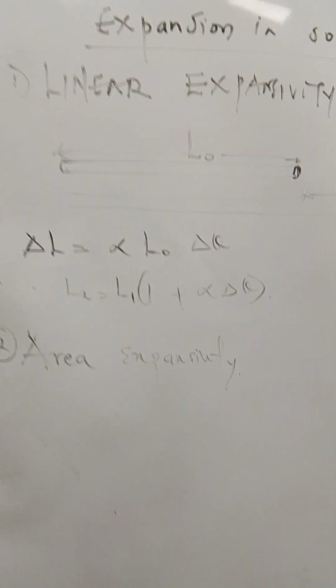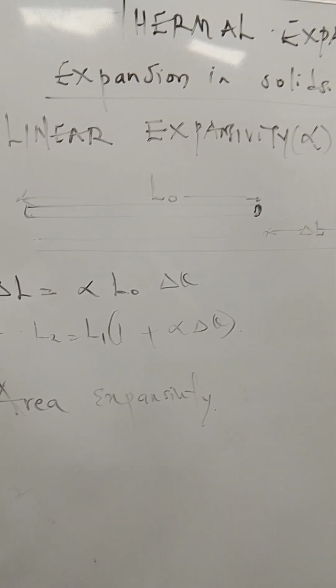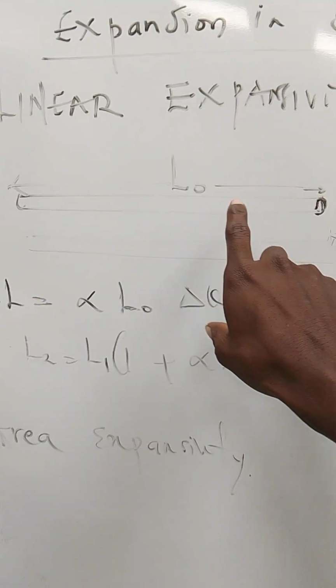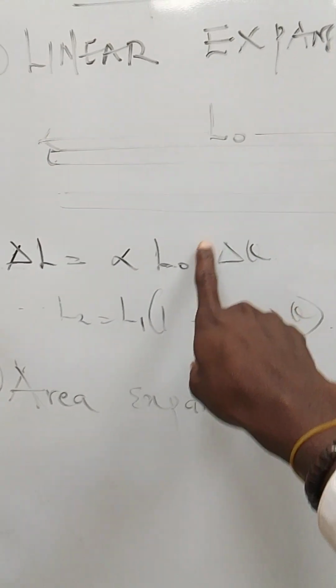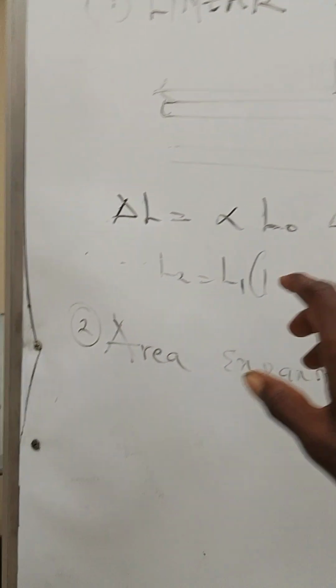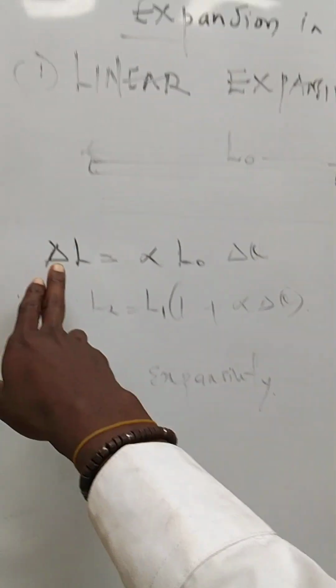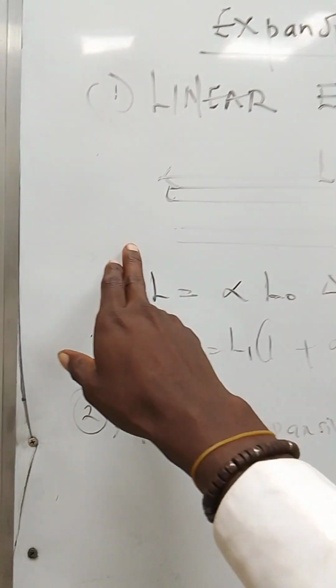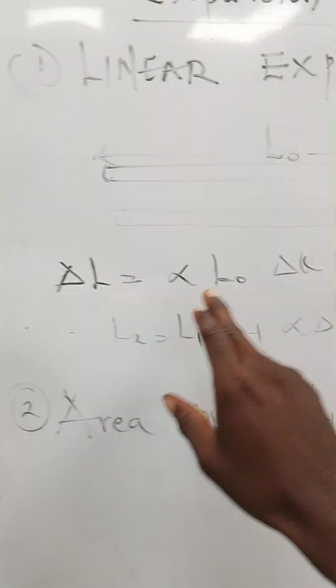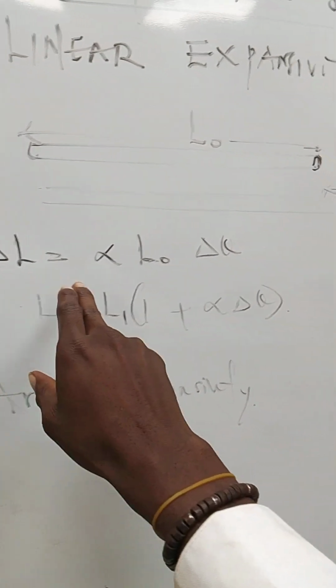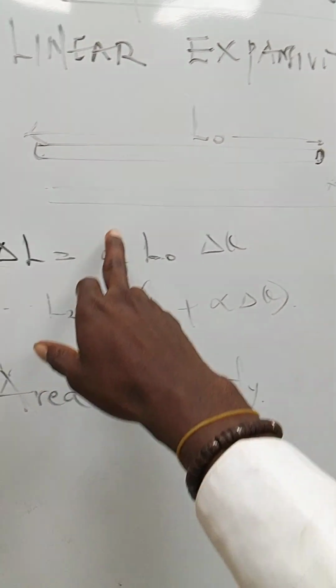Solids expand when they are heated through a change in temperature, delta theta. How much does the solid expand, delta L, or the change in length, depends on three factors.